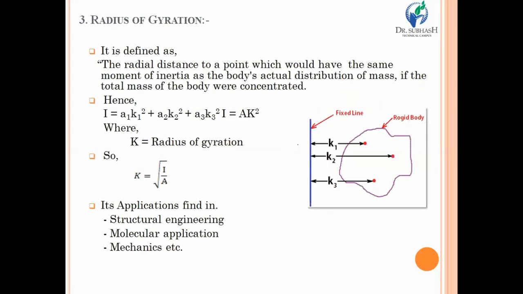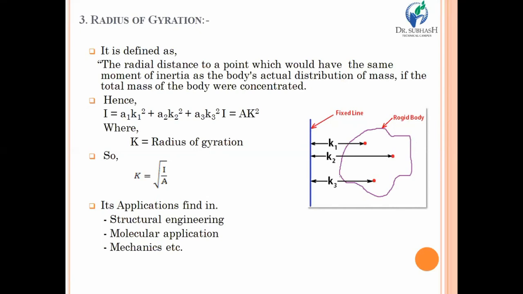Now, the third topic, which is very essential and important for you to learn in depth for the moment of inertia chapter, is the radius of gyration. Generally, it is defined as the radial distance to a point which would have the same moment of inertia as the body's actual distribution of mass if the total mass of the body were concentrated there.